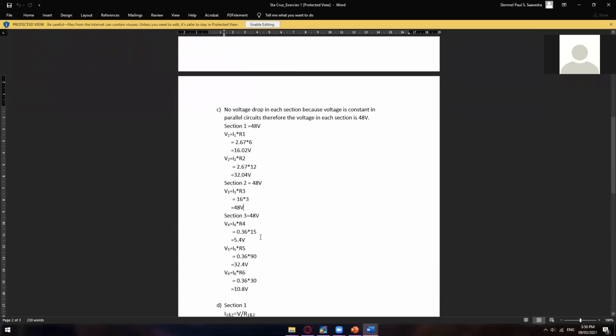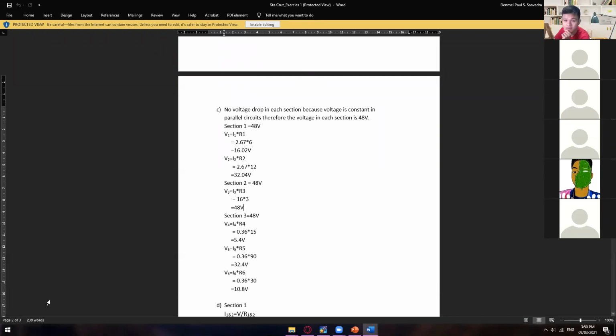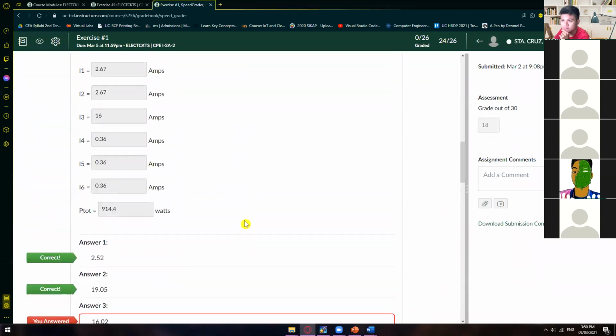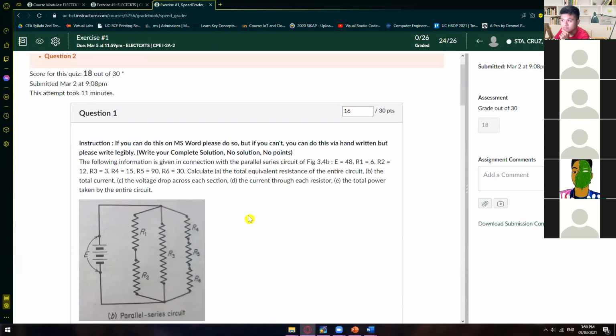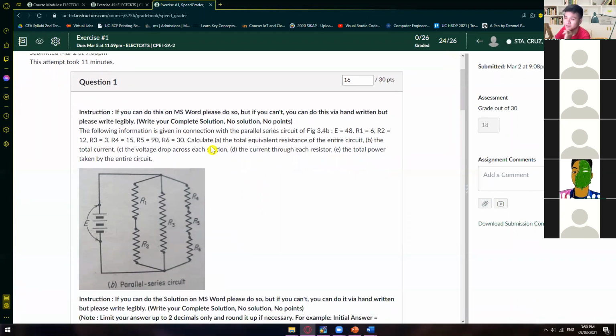Sir, it's also a bit confusing, like Samuel said. In the question, it asks for the voltage in each section, but on the canvas where we fill in, it's V1 to all of the voltage numbers. So, sir, the correct answer is 48 all throughout, since it is asking for the section of R1 and R2 at the same time.